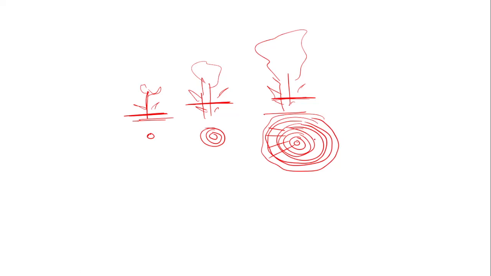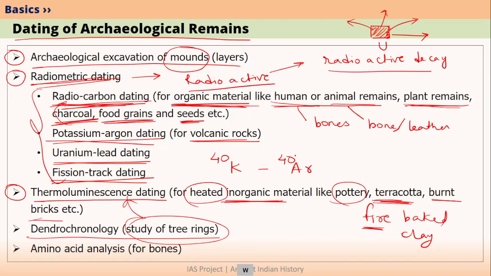But generally, every year 1 tree ring grows on the trunk of the tree. So by counting the number of tree rings, you can estimate how many years the plant has been surviving. This method is called dendrochronology, the study of tree rings.